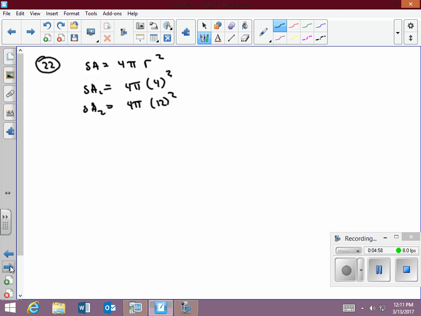So they compare. If you want to compare them without a fraction, then you'd go the surface area 2 divided by the surface area 1. So then you'd have 4 pi 12 squared over 4 pi 4 squared, which is going to be 12 squared over 4 squared. 12 is 3 times 4, right?